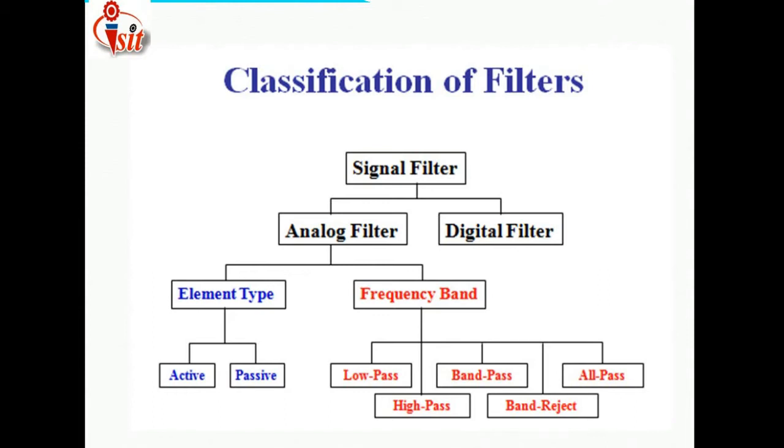Then signal filters are divided into two categories, analog filters and digital filters. Analog filters are again categorized into two, element type and frequency band.